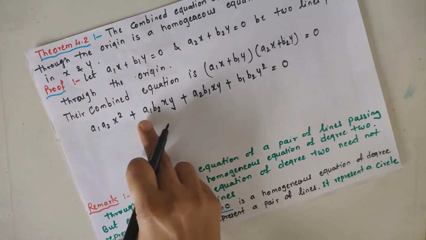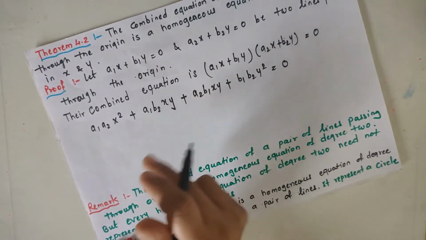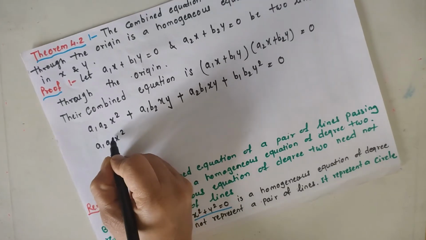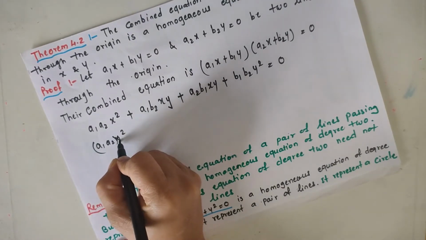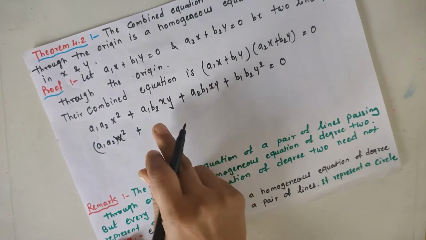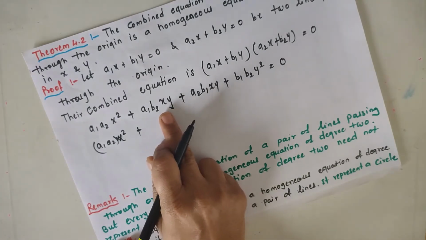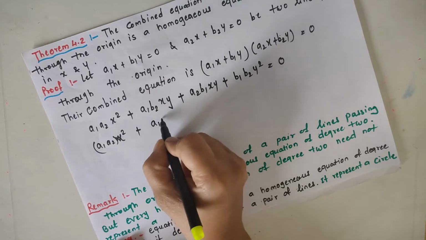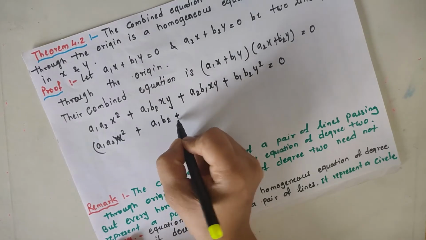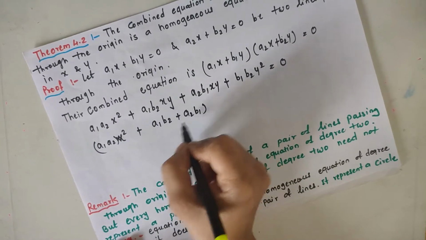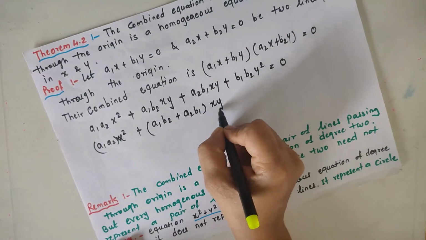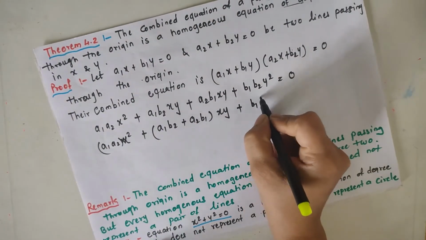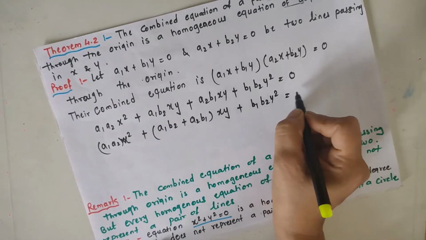Now collecting the coefficients of the same variables, a1 a2 x square plus, in the second and third terms xy is common, so we can write a1 b2 plus a2 b1 xy as common, plus b1 b2 y square is equal to 0.